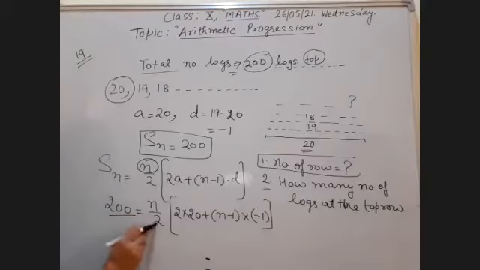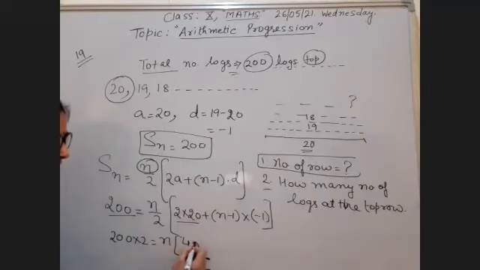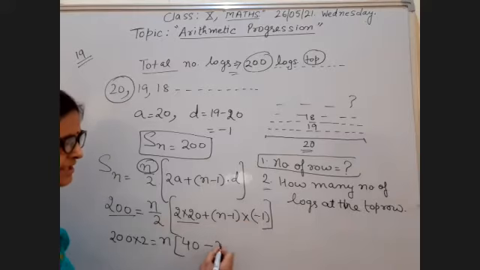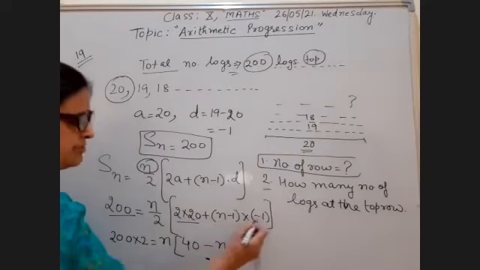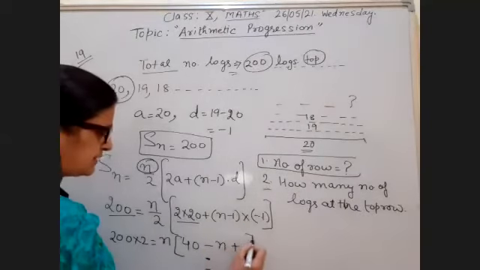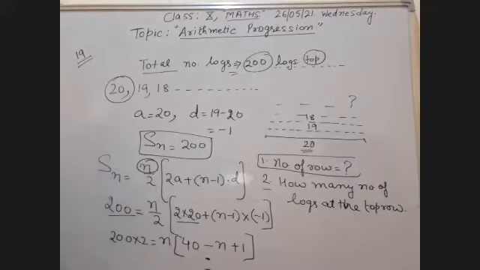Now when you transfer 2 to the left hand side, it becomes 400, and when you multiply 20 into 2, it becomes 40, and when you multiply n with -1, it becomes -n, plus 1. I am writing at the top.